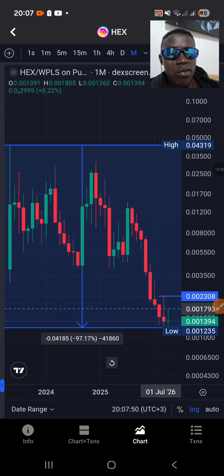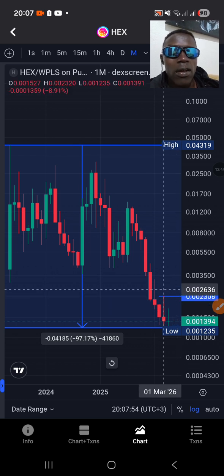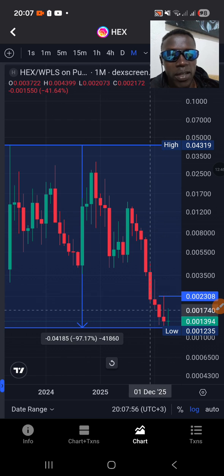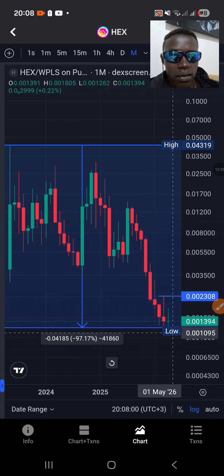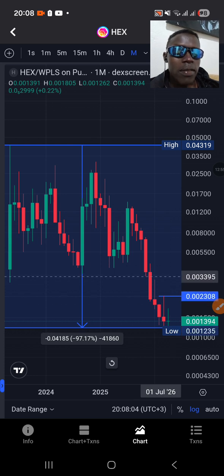People are still making more money on the PulseChain blockchain and this mining protocol, because they are mining new HEX while price is still down. And once price starts going up, they will be the ones selling on your heads. They will be selling those HEX because they are the HEX miners, or HEX publishers. So there's still a lot to talk about under HEX.